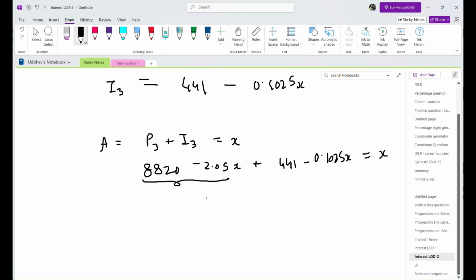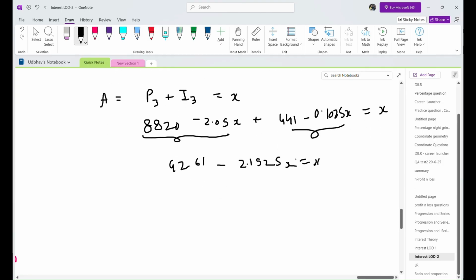8,820 plus 441 is 9,261, minus (2.05 plus 0.1025)x, that is 2.1525x, equals x.